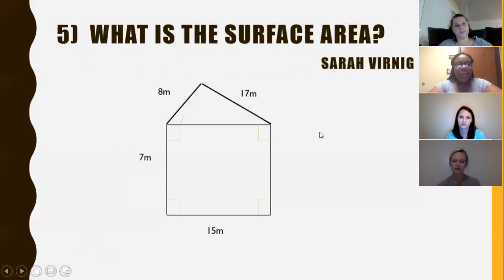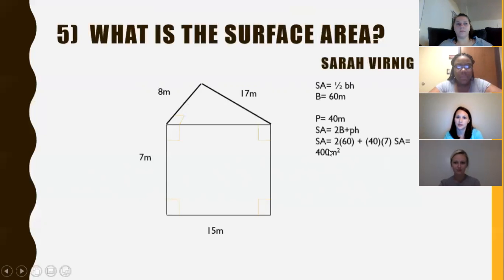Sarah, can you tell me what's the surface area? Yes. So for the surface area of this shape, again, we're going to start by using our formula. Our base is going to be 60 meters, and our perimeter is 40 meters, because again, like Demia said, for the perimeter we add up our measurements around the shape.